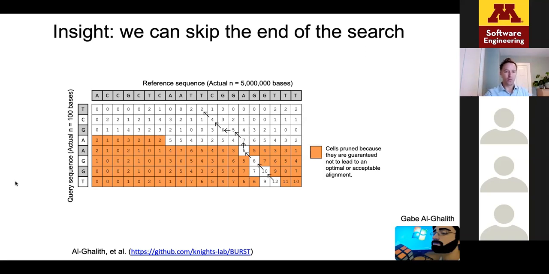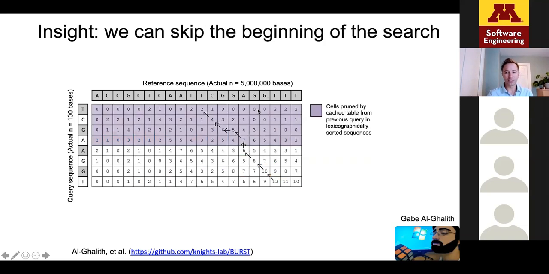And then when I get to the next query, I'm just going to walk along to the point at which it diverges from the previous one and hop into the table in that row, because I already have the tables cached for the beginning of it. And when he did that, he found that on average it would prune the top third and sometimes more of a table.